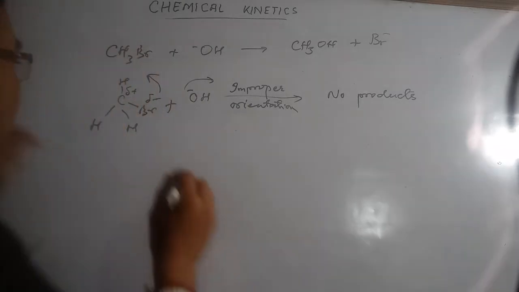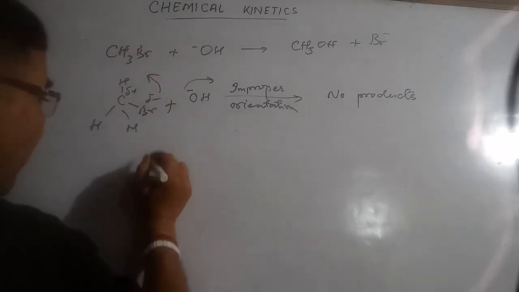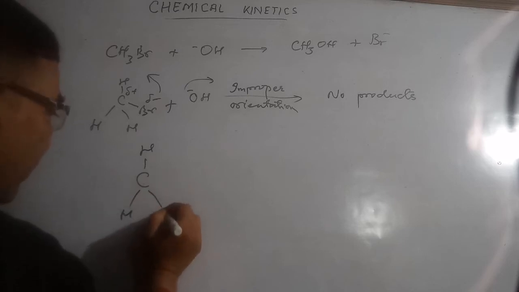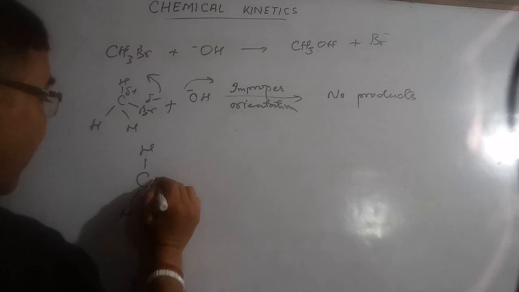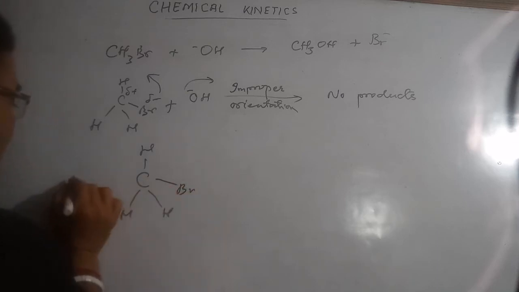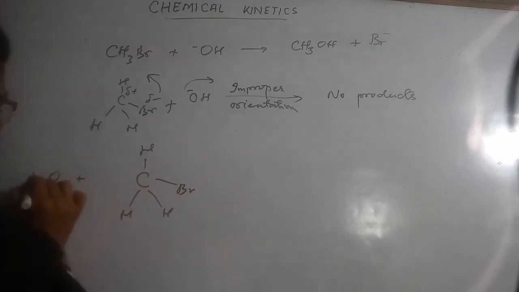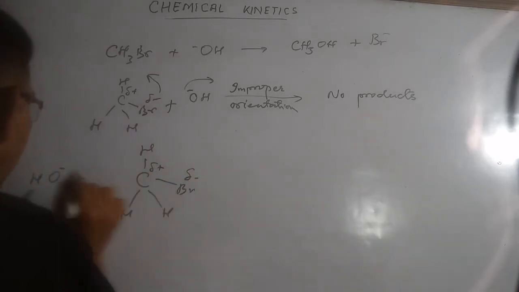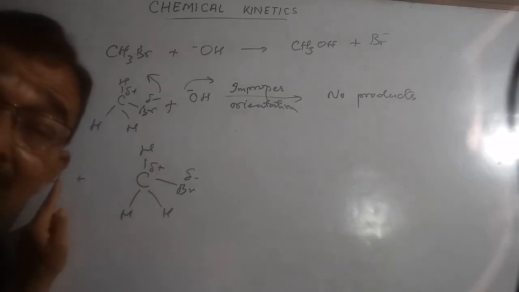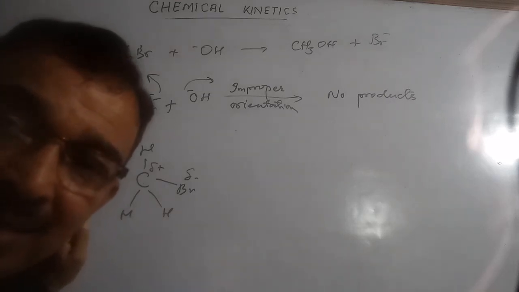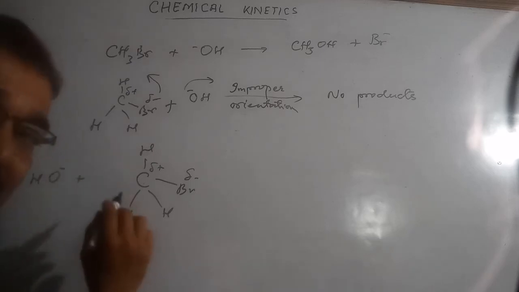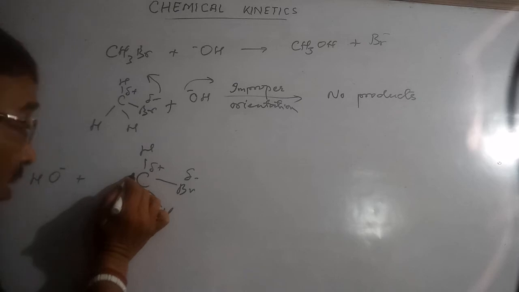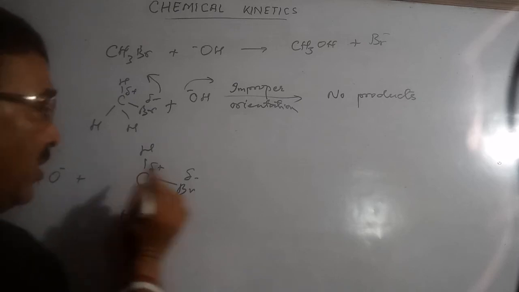Let us take another one. Br, and now the orientation is like this. Here is a delta negative, delta positive, and here is a minus. Opposite charges attract each other. So what will happen? This one will come to the carbon having the delta positive.